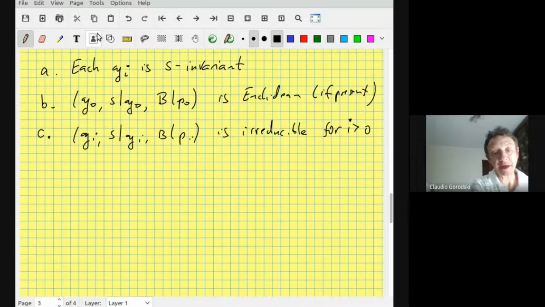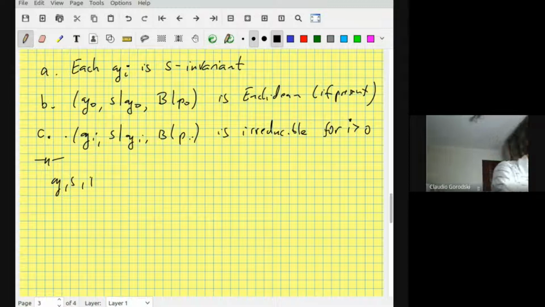And now we can give two more definitions. Let's suppose this is irreducible.